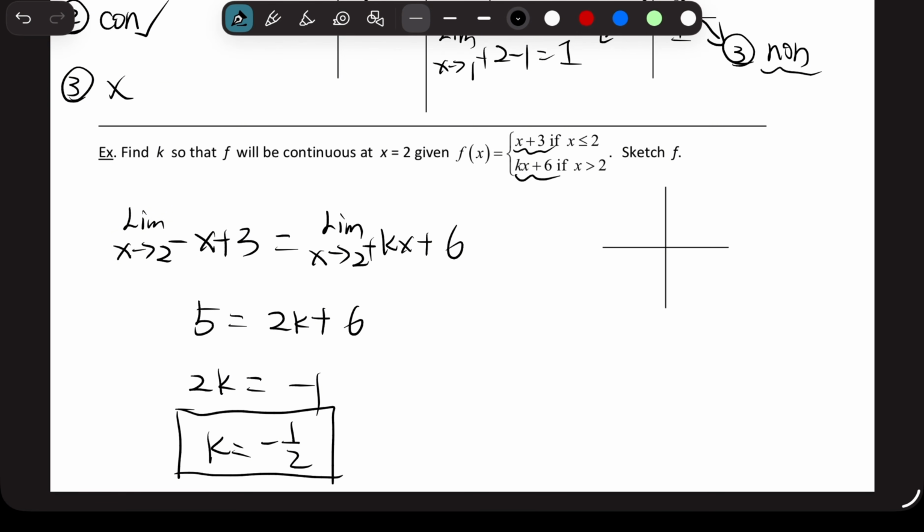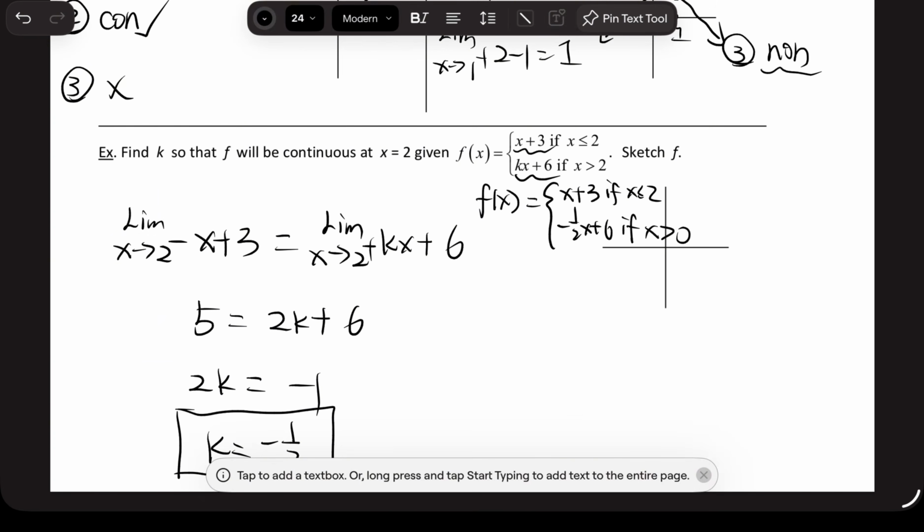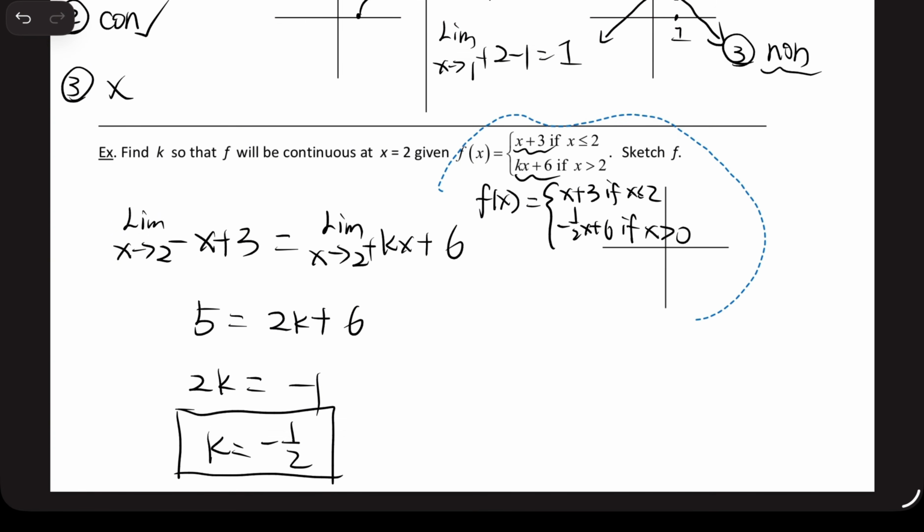We plug it back in, we can get a piecewise function that looks like this. This is x plus 3 if x is smaller than 2, and negative 1 over 2 x plus 6 for x larger than 2. Let me just move it aside.